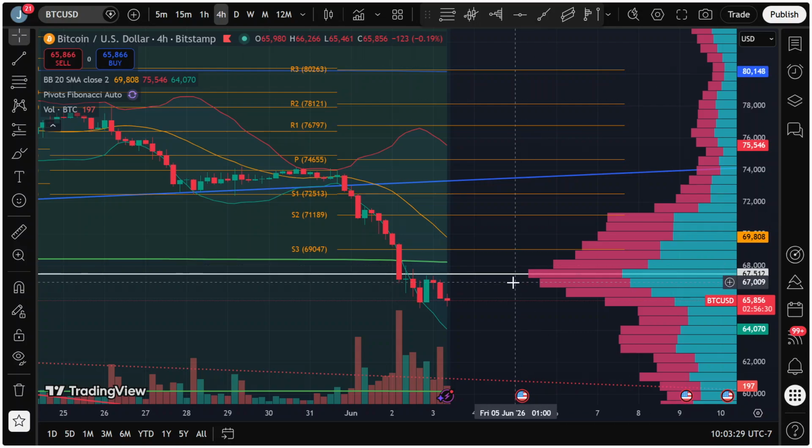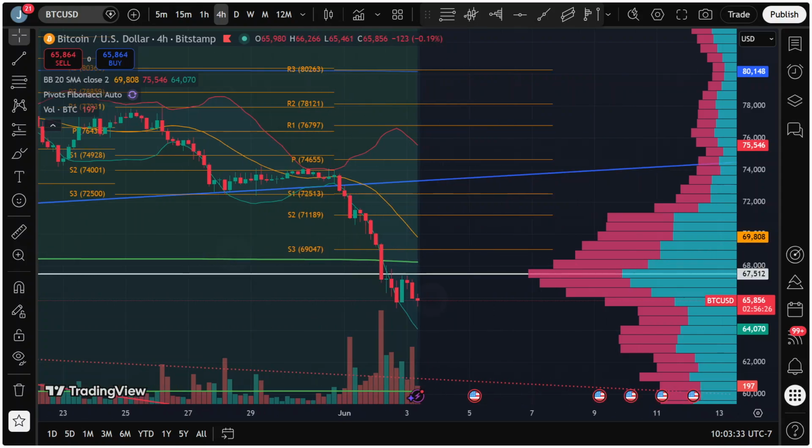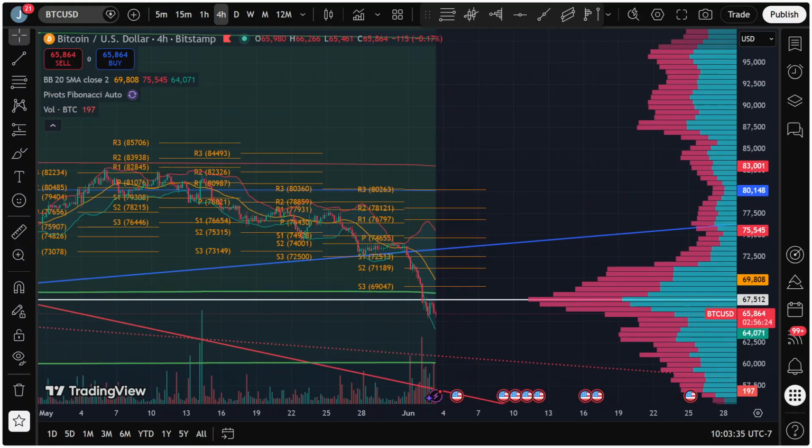But functionally speaking, we like to think of the anchored VWAP as a series of magnets. Now, when we started to break down up here at around the 83K level, that was a break of the middle band of the, actually this one is the middle band of the Elder VWAP. We didn't even make it to the downtrend anchored VWAP. This guy is actually drawn from 2011 to now. It's an uptrend.